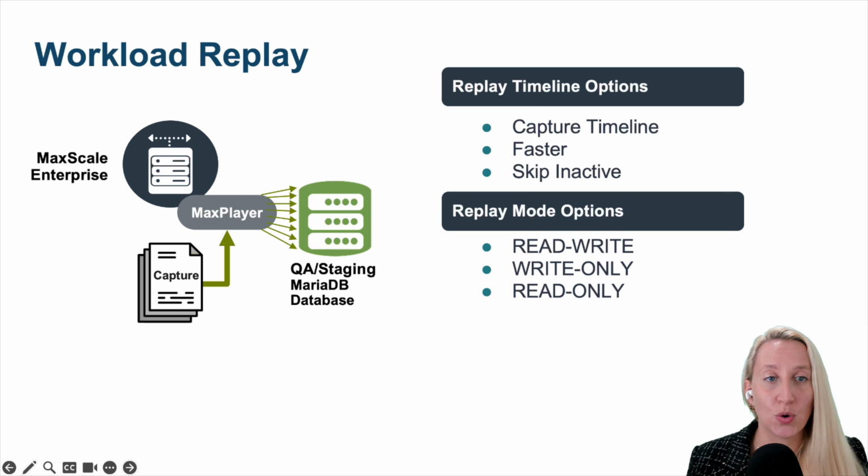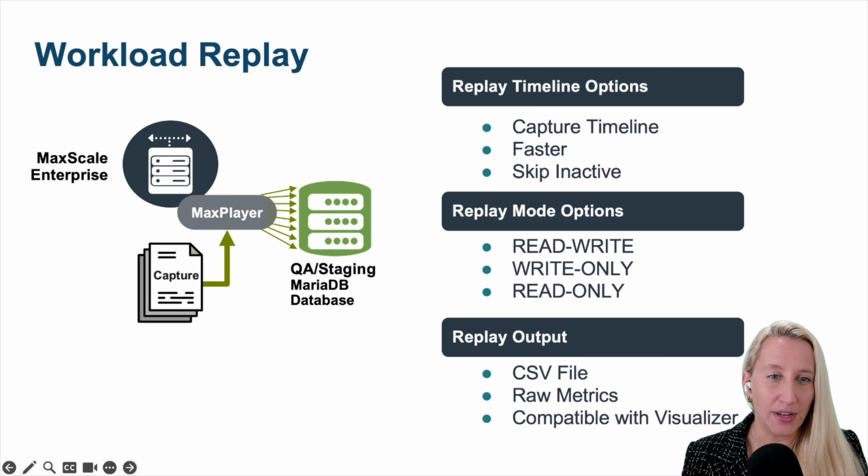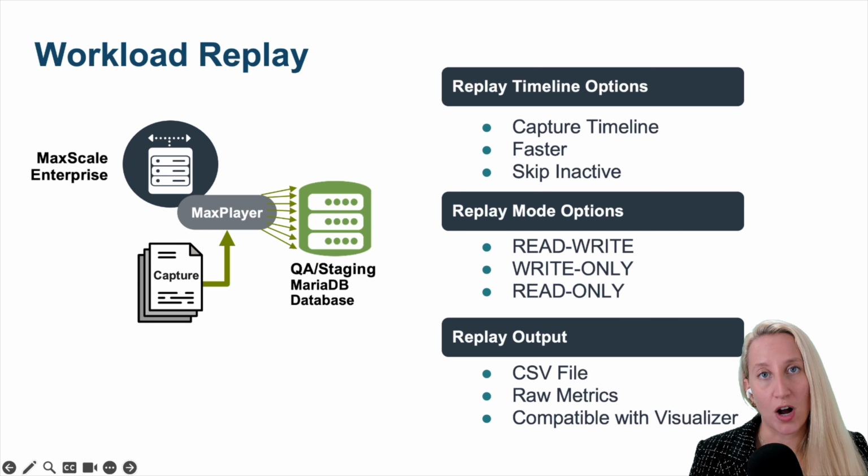You can also have the choice to replay read and write queries, write only, or read only in that environment. And then the output that you get from that replay goes into a CSV file with raw metrics on performance, which is something that you can put into the visualizer and compare performances.